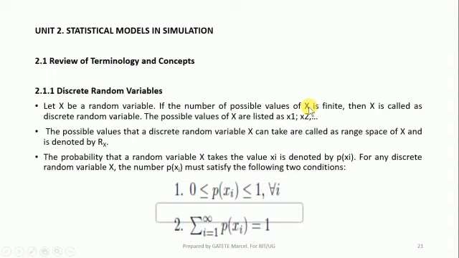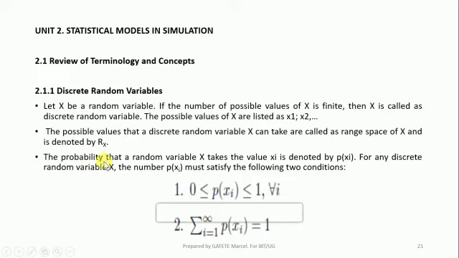So here we are having 10 values. It means that the number of values is finite. We already know it, so this variable x will be called discrete random variable.